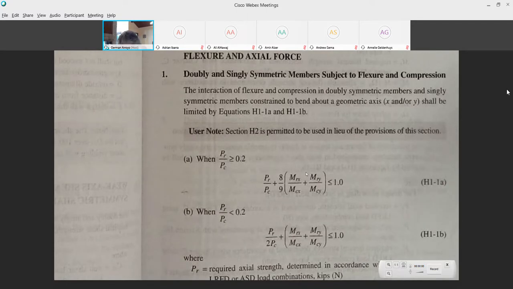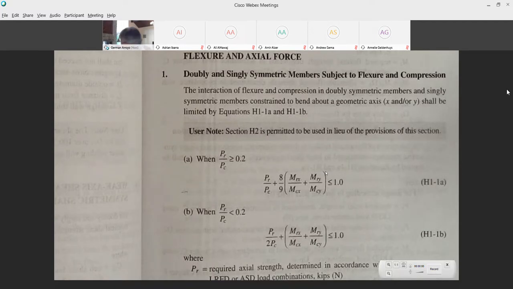And also assume the magnification factor is equal to 1. For the weak axis, we do not have Cb. It could be only equal to Mp, or not more than 1.6 Fy Sy. So there is no Cb in here, but there is a magnification factor for the moment about the weak axis. So both of these moments have a magnification factor.